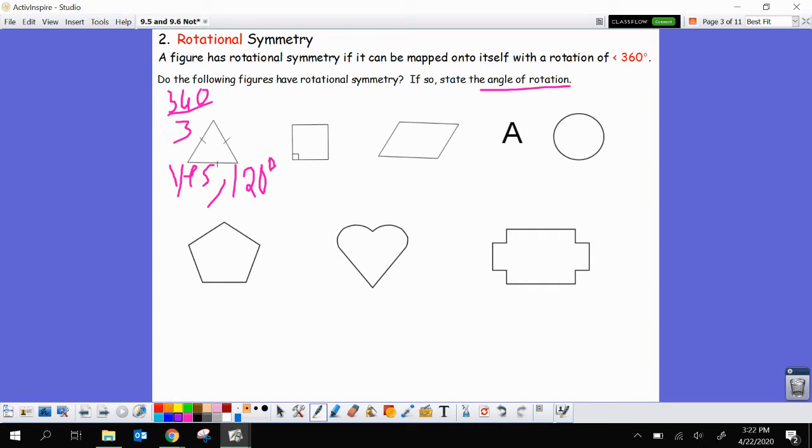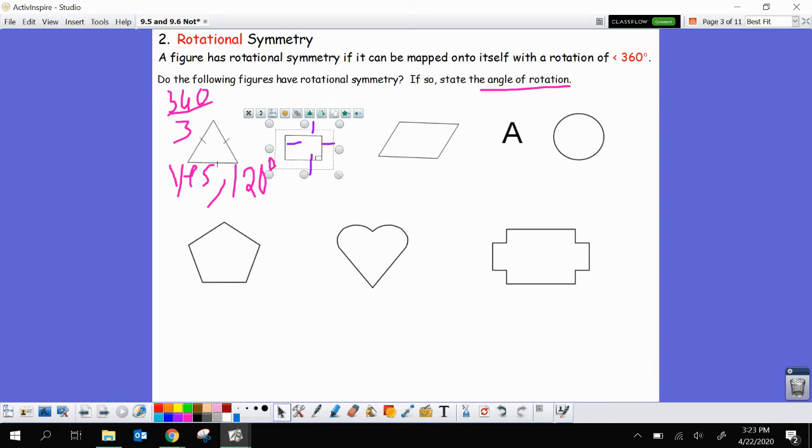Then we move on to this, which looks like a square, right? It doesn't tell you that, but let's just say it is. And so if I were to rotate this and turn it 1, and this is not working.